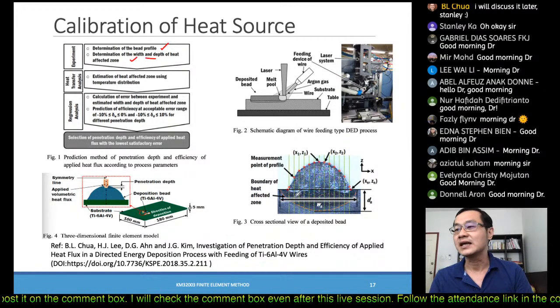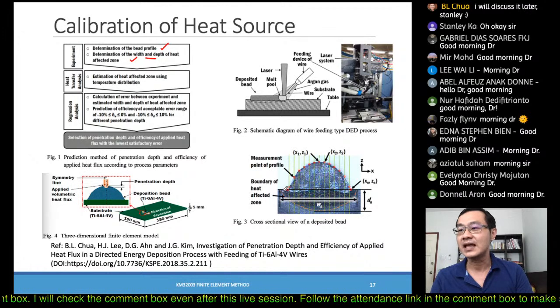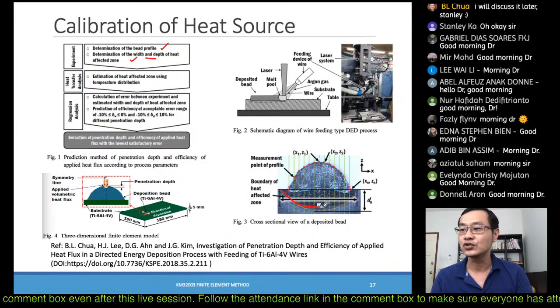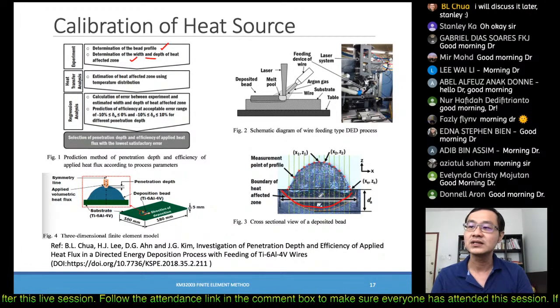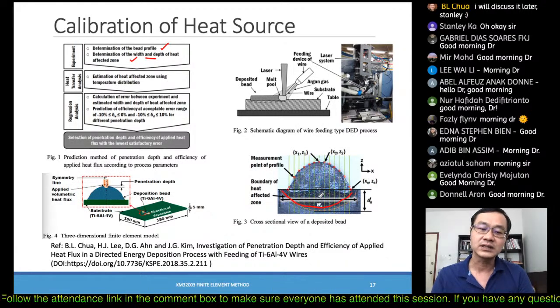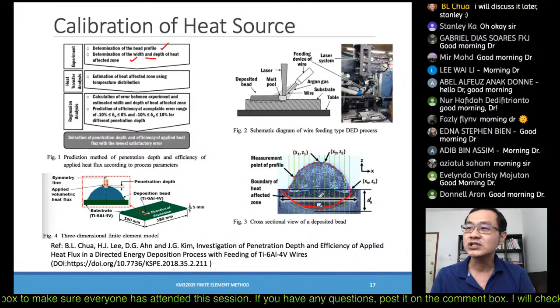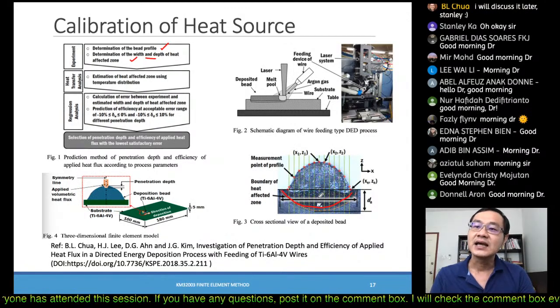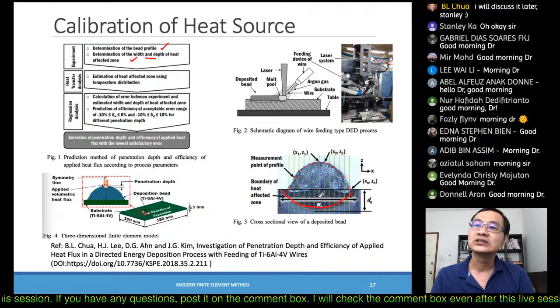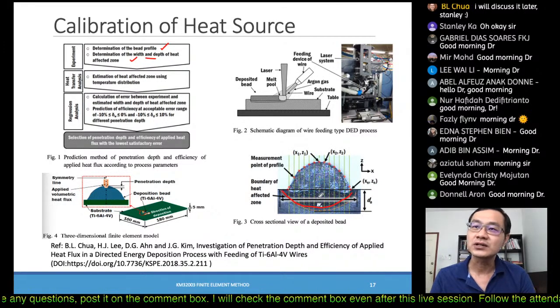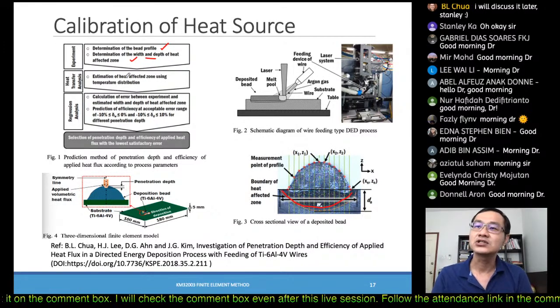In this case there is deposition, then there is a heat affected zone that we can measure. This is one of the important pieces of information we can extract to identify the heat source profile, to calibrate the heat source.